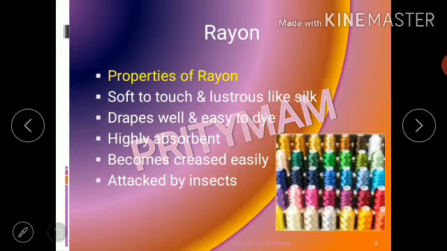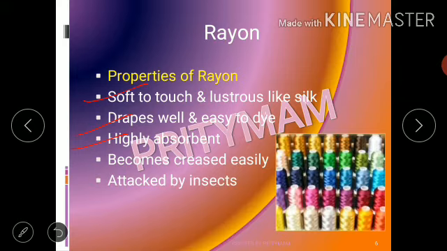Then let's discuss the properties of rayon. Rayon is soft to touch and it has a luster like silk. It drapes well and is easy to dye. It is easy to color. It is highly absorbent.